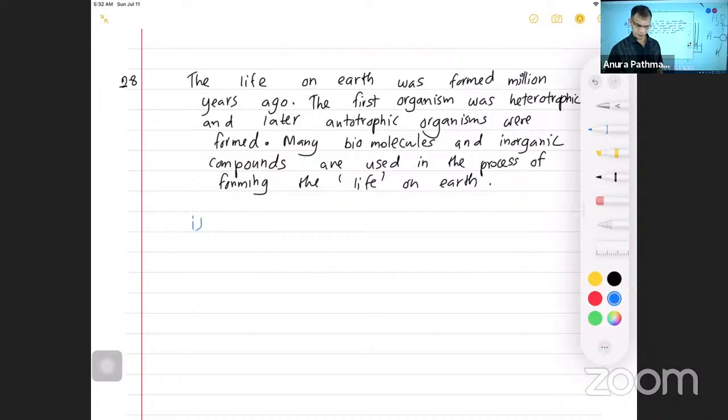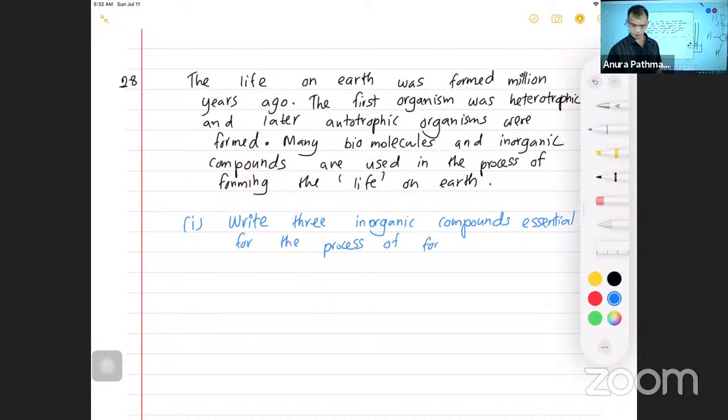First question. Write three inorganic compounds essential for the process of forming an organism.